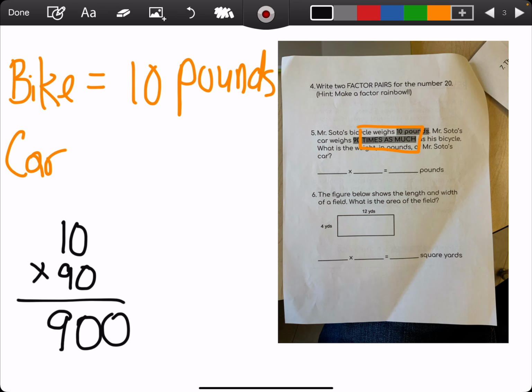Do not get the answer of 90 and say 10 times 90 is 90. That's wrong. It's 900 pounds. So here you would write 10 times 90, or if you did 90 times 10 would be acceptable as well, equals 900 pounds. Okay.